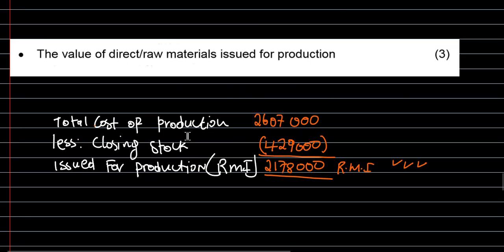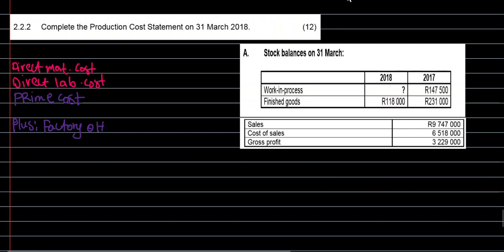If you remember, for the raw material, it was 2,178 that we calculated. We're going to take this money and put it there. So raw material is going to be 2,178,000.